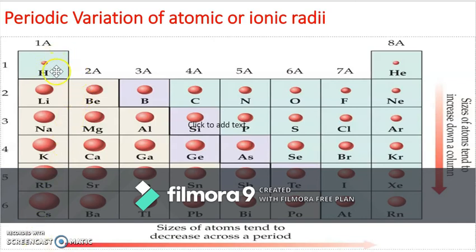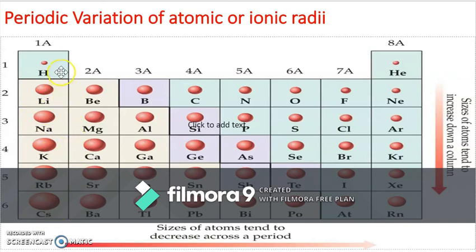For example, in hydrogen there is only one shell, that is n is equal to 1. In lithium the number of shells is 2, that is the principal quantum number is equal to 2. Here the number of shells is 3, here 4, here 5, here 6.